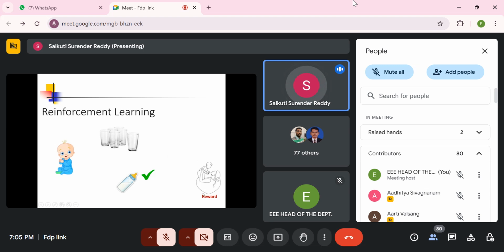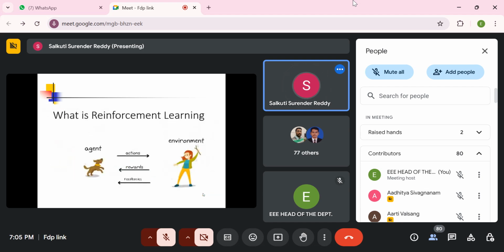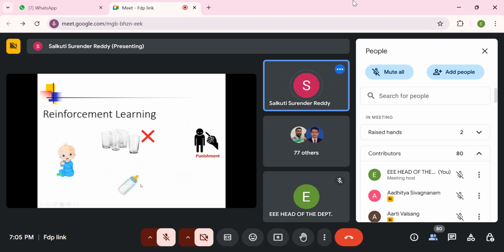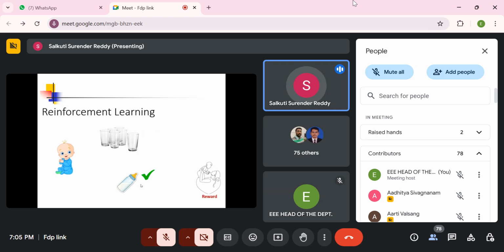So you have rewards or feedbacks similar to the actions. The system is going to learn from the actions and the rewards or feedbacks. In one case it is feedback, and in the other case it is a reward.